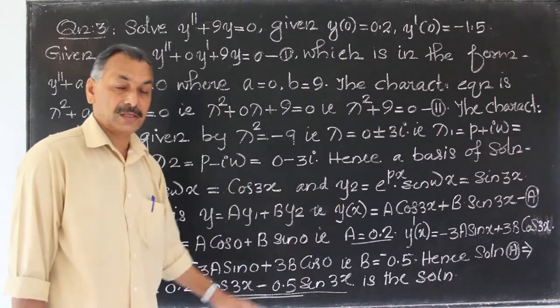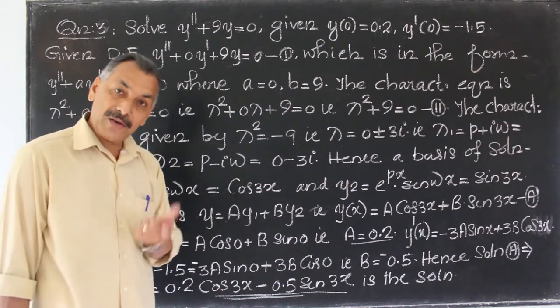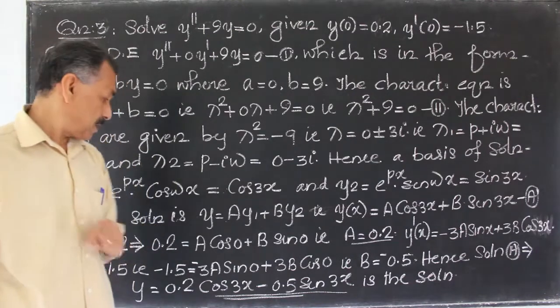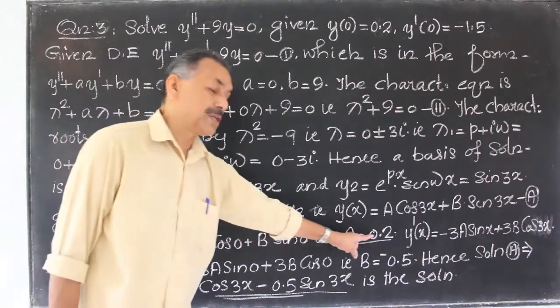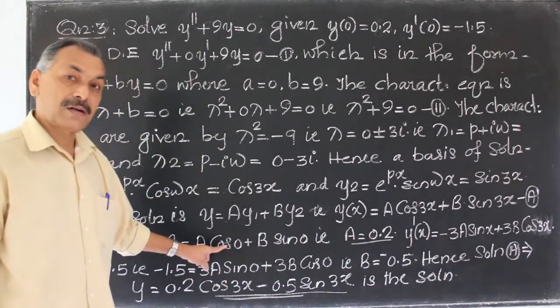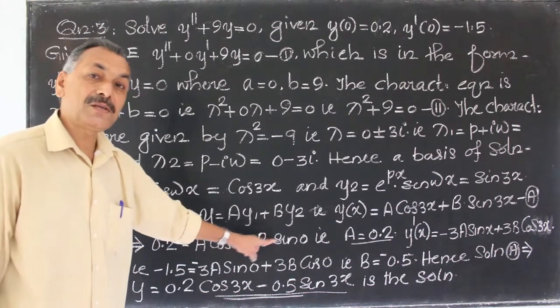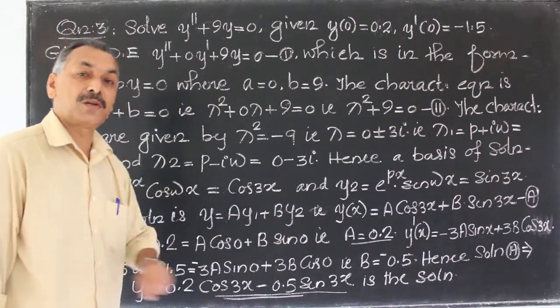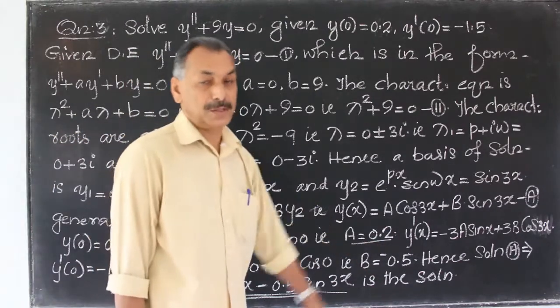The value of sin 0 is 0 and cos 0 is 1. That is 0.2 is equal to a into 1 plus b into 0, or a is equal to 0.2.